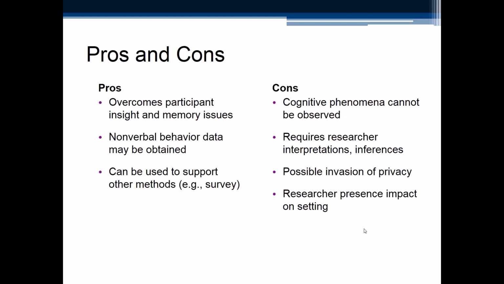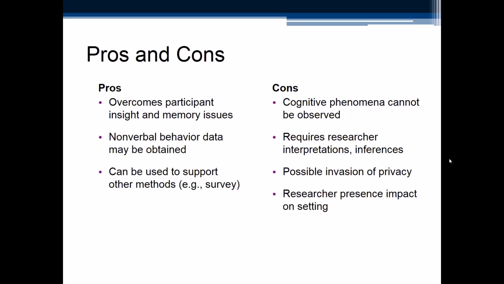We tend to be able to observe more directly non-verbal behaviors and naturalistic non-verbal behaviors that wouldn't come out necessarily when we're interviewing or surveying someone. And they can be seen as really valid and really quite reliable techniques if they're used in conjunction with other methods such as surveys.